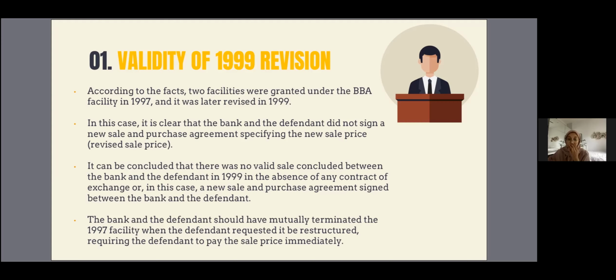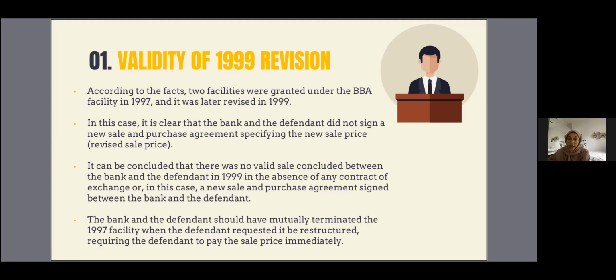It can be concluded that there was no valid sale concluded between the bank and the defendant in 1999 in the absence of any contract of exchange, or in this case, a new sale and purchase agreement signed between the bank and the defendant.